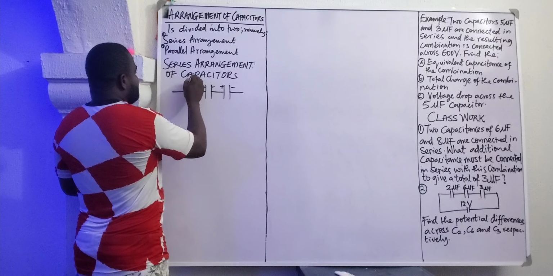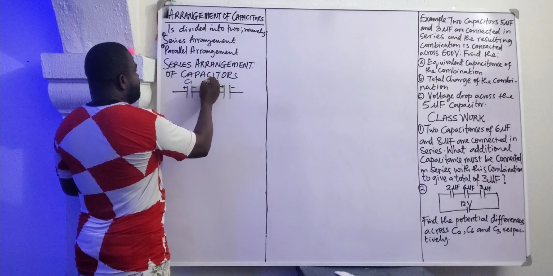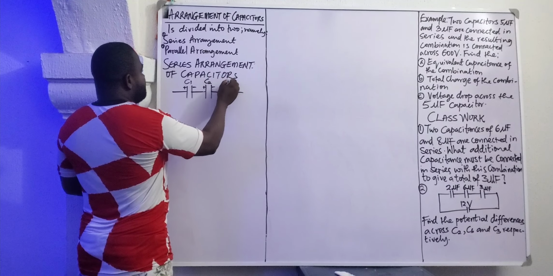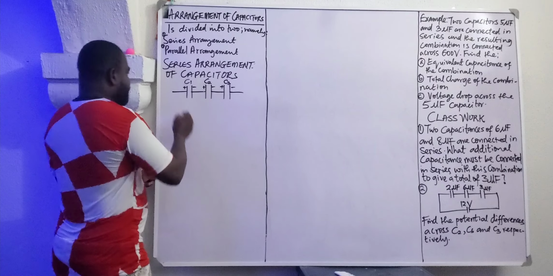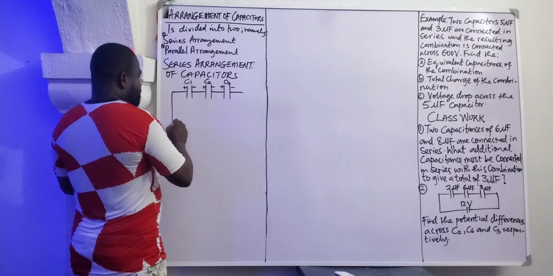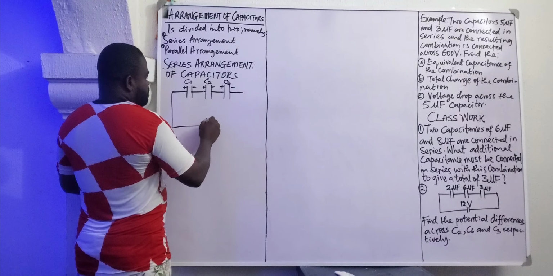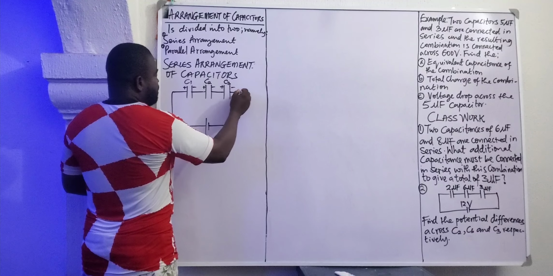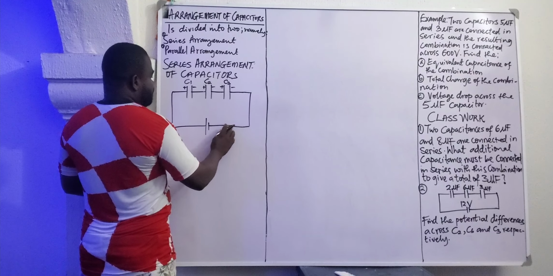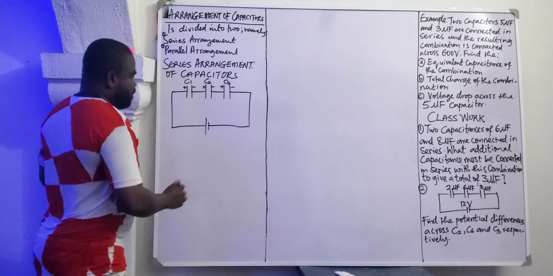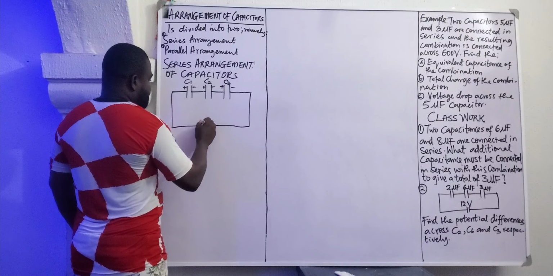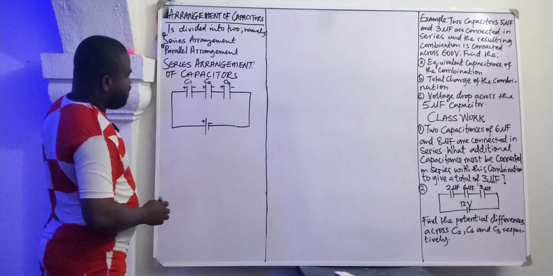Now, let's say the capacitance of this capacitor is C1, of this is C2, and this is C3. Now, if we connect a voltage source across these three capacitors, so let's say this is a cell or a battery. This is a terminal of the cell or battery.